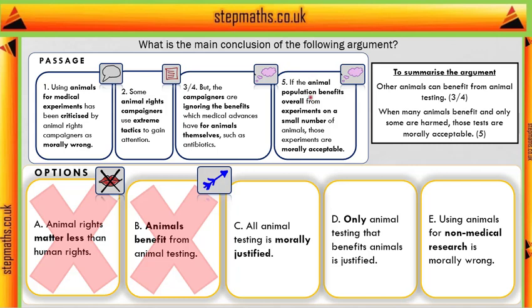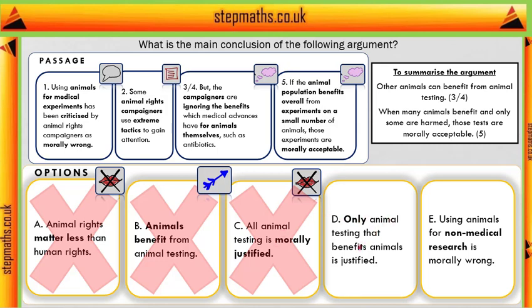They've said it's justified when it benefits the animal population overall, but that's not necessarily always going to be the case. It's more like they're saying it's acceptable in some conditions. So they aren't saying it's always justified. And also they're only talking about medical contexts, whereas there are other uses of animal testing that may or may not be morally justified. So it doesn't seem like they're saying C.